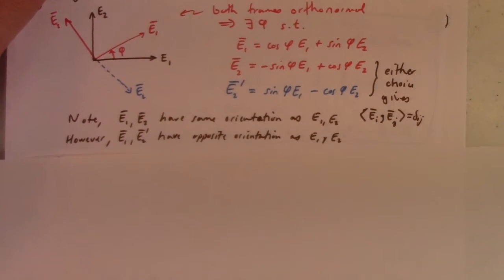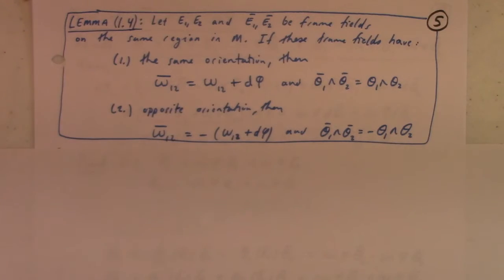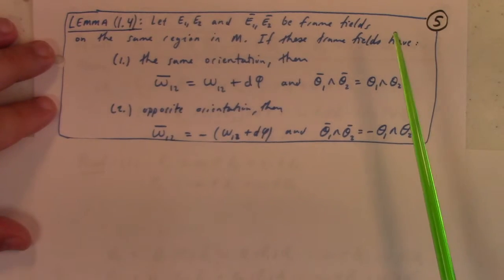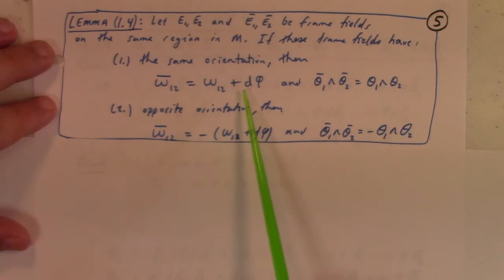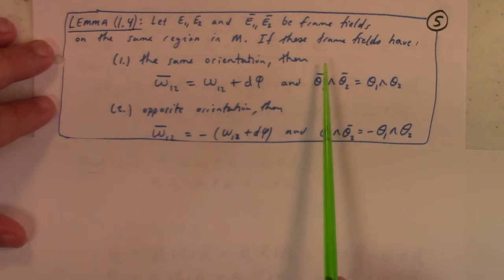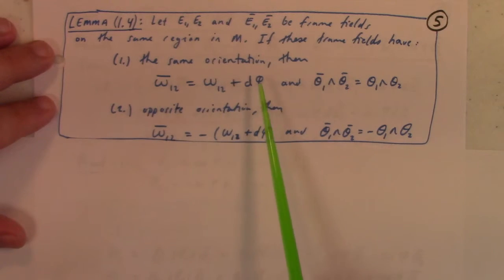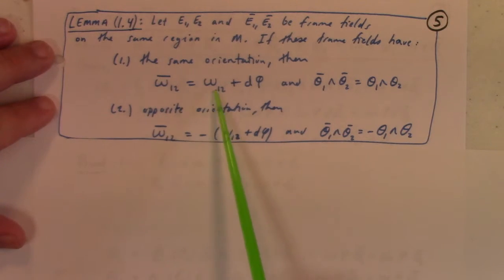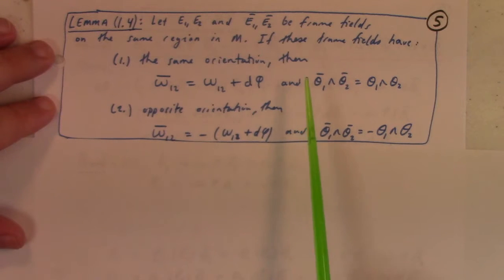So let's look at it. Here's the lemma, Lemma 1.4. If you've got 2 different frame fields, then the 1-2 connection forms of the different frame fields don't have to be equal, but the distinction between them is very beautiful.